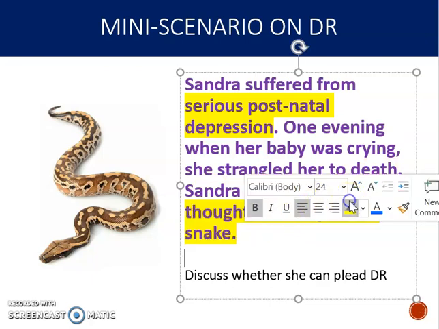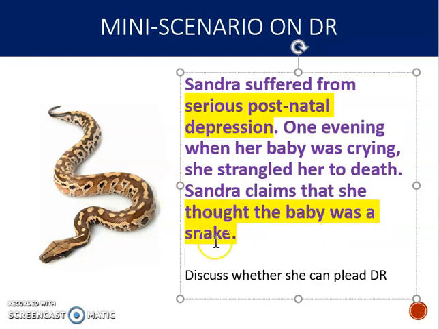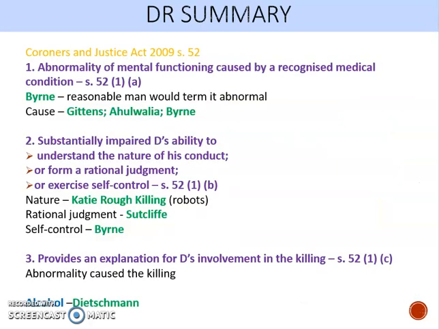So this is relevant, the fact that she thinks the baby was a snake, because this is telling us what is being substantially impaired. So if we go back very quickly to this slide, if you think about this situation, she's got postnatal depression, which is causing her to think her baby is a snake. That means that she's not able to form a rational judgment, and also she doesn't understand the nature of her conduct.